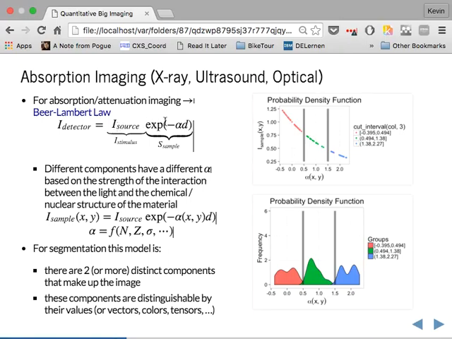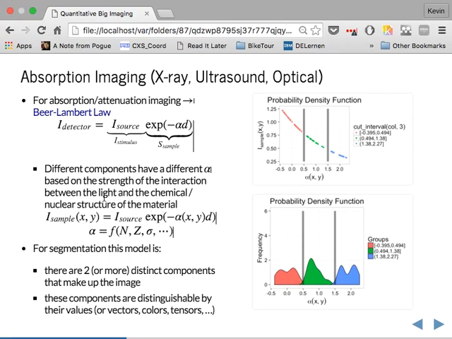The thicker your sample is, the more it's going to absorb, in an exponential way. Different components will have a different alpha value. In X-rays, this is strongly connected to the atomic number or the density you have in a certain region. With ultrasound, it's related to the material properties and the spacing between the atoms in your lattice. So you're looking at different properties in different materials when you do this analysis.